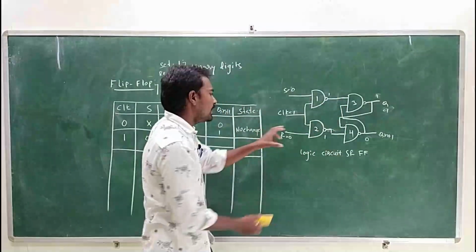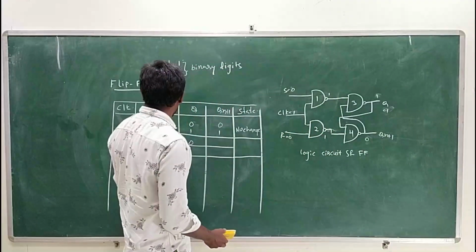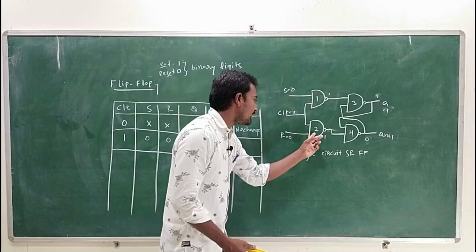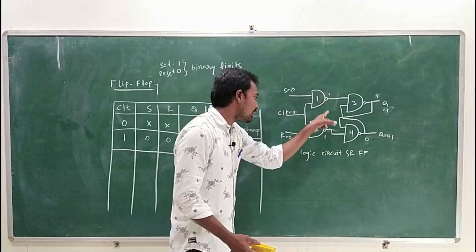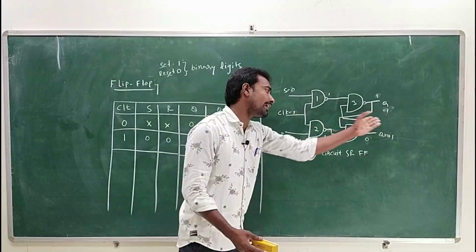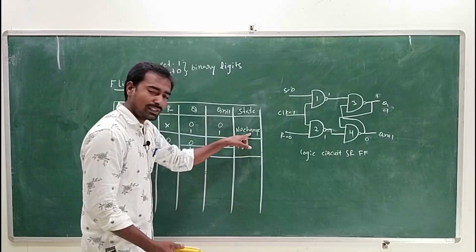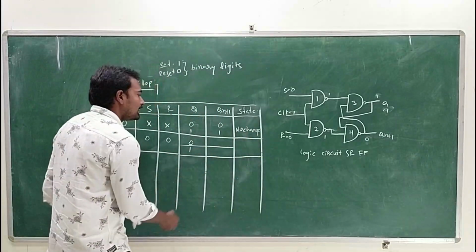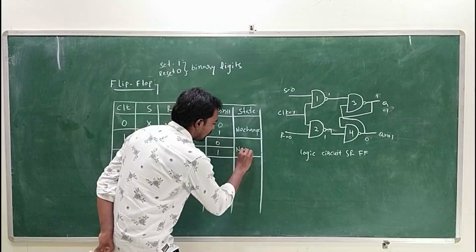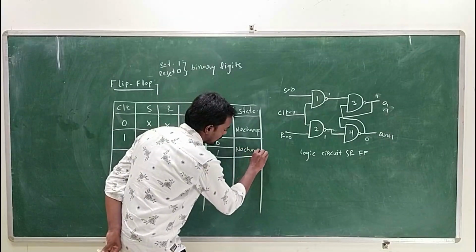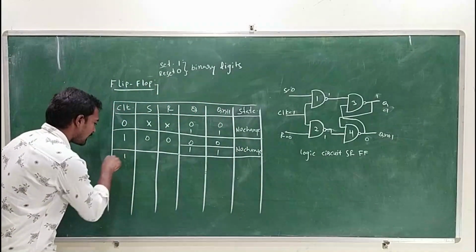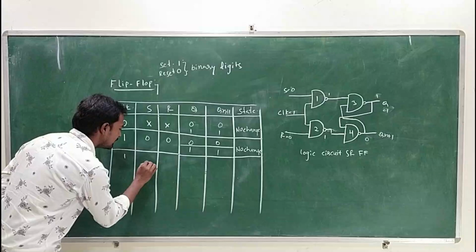So in the previous state, if the first NAND gate and second NAND gate outputs are 1, that means active high outputs, then we are getting the no change condition. So we can write this also as no change condition.